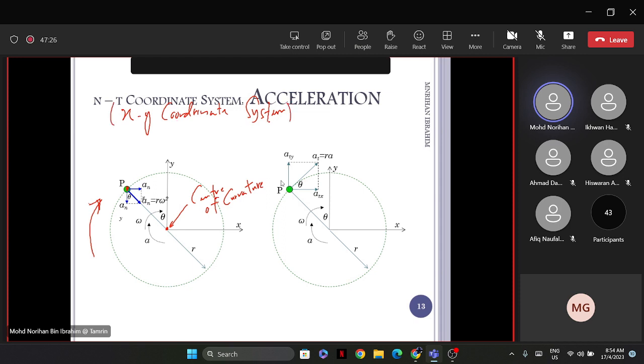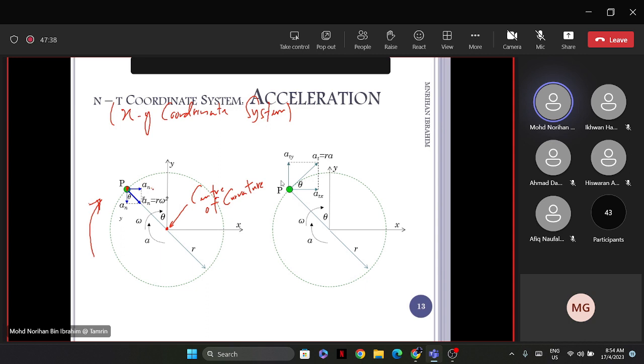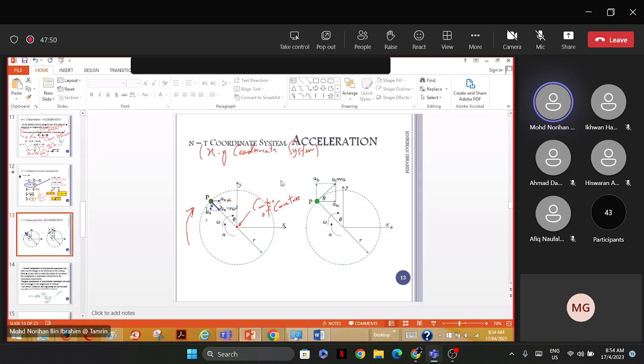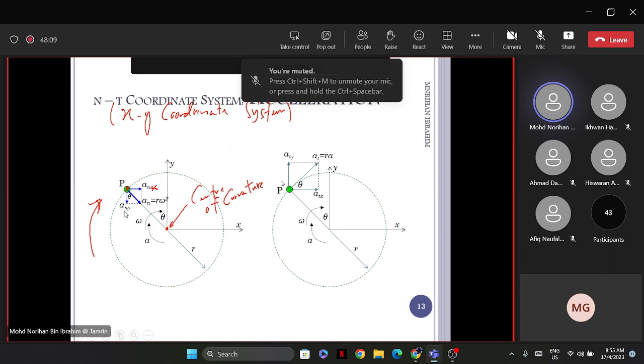If we want to apply this xy coordinate system, for this normal component of accelerations, we break it down into the components of a n x and also a n y.